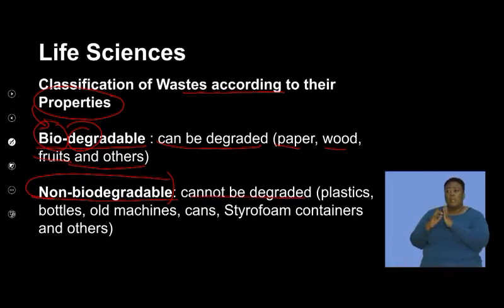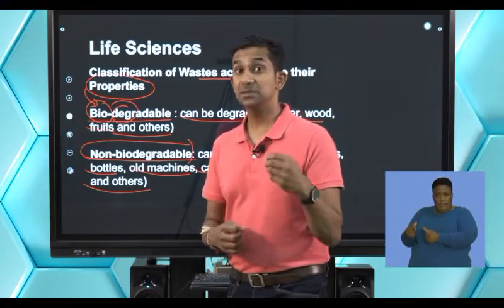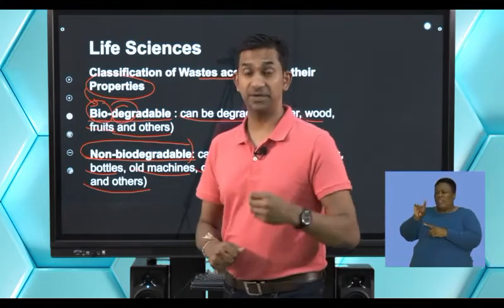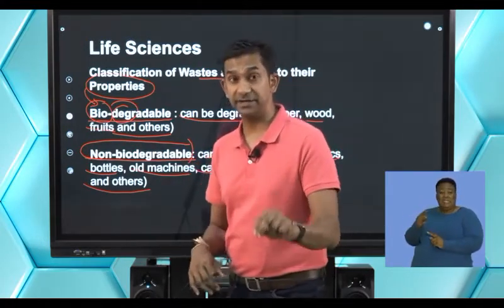And examples of that would be plastic, bottles, old machines, which are made up of metal, cans, styrofoam containers, and others. Some of these take a few hundred to 1,000 years to actually be broken up naturally in the environment. So we refer to these as non-biodegradable waste.